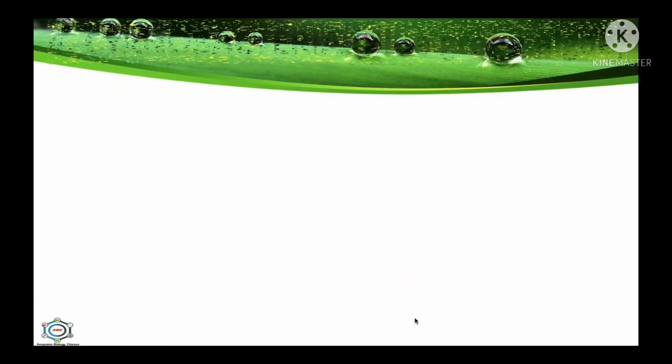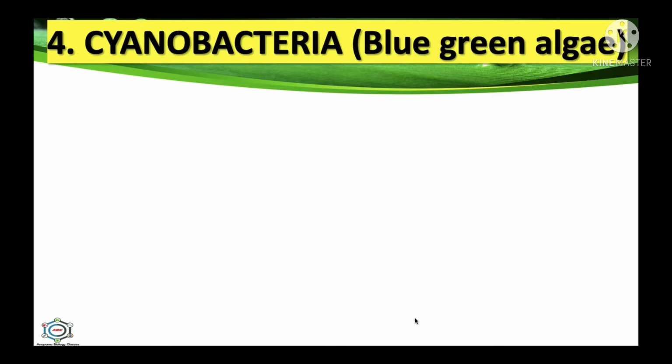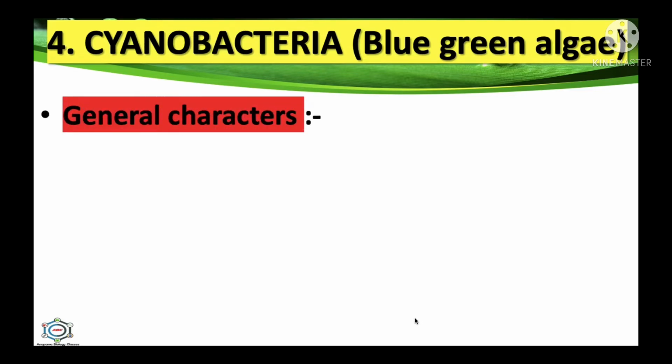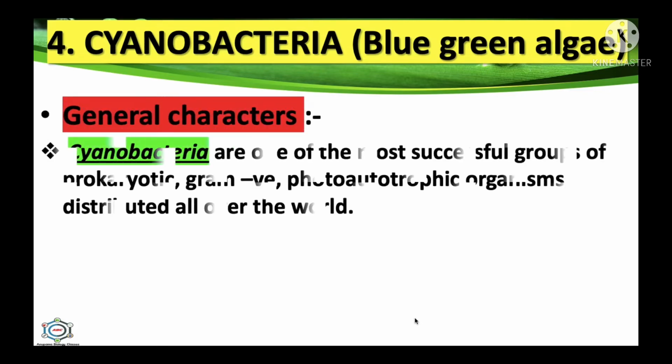Now, next one is Cyanobacteria, which is also known as blue-green algae. So, what are the general characters of the Cyanobacteria? At first, see the occurrence of the Cyanobacteria, where Cyanobacteria are found. In Greek, cyano means blue and bact means rod.